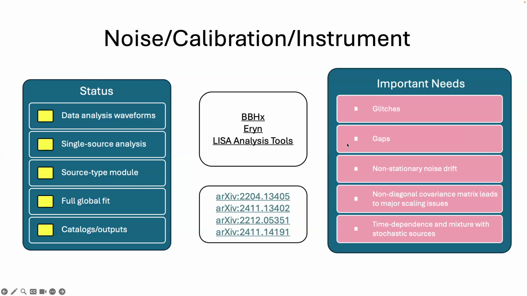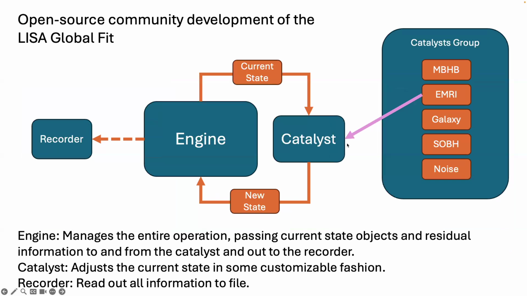Given the limited time, I'm just going to go to the next part, and then I'll stop at the end for questions, because I really do want to talk about this. As I said in the beginning, one of the main things that I'm thinking about and that I care about is that the LISA global fit, this thing that is going to be large, complex, managed and worked on by many different people.